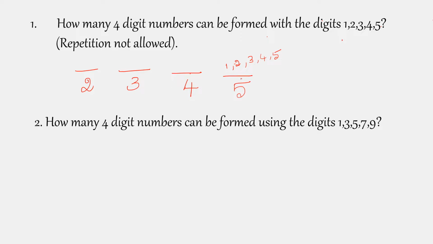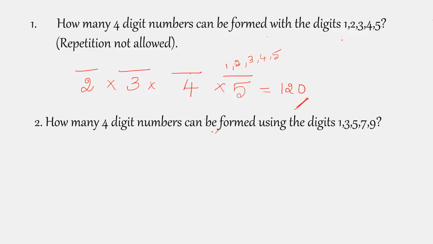I want a 4-digit number, so this should happen, and this, and this, and this should also happen. And means multiplication. So 2 into 3 into 4 into 5 gives 120 ways. I already told you to remember, or means addition, and means multiplication. This is the answer.